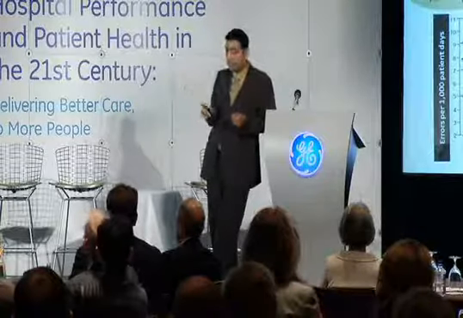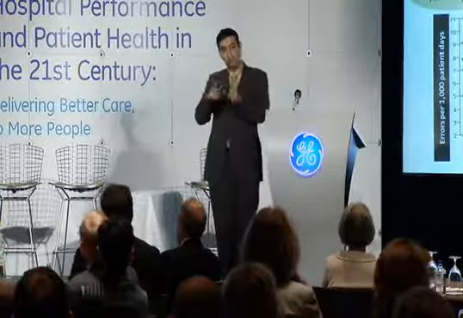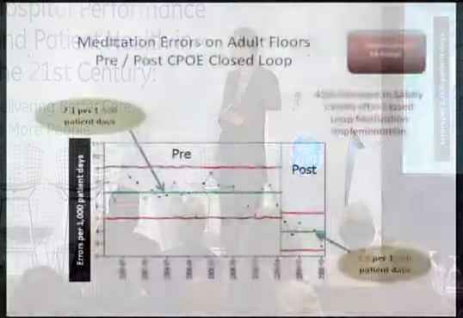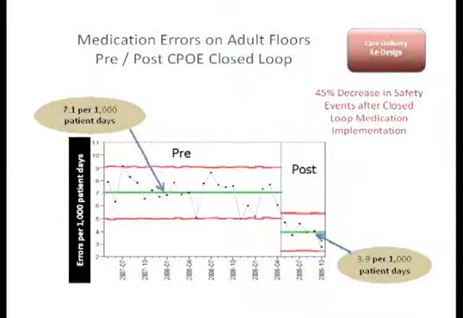And then tying that, not to barcoding, to take that intelligence from a CPOE into this relational data warehouse, we're able to measure pre and post closed loop. And for the non-physician in the room, closed loop is linking the physician order entry system to nurse administration to the pharmacy, all in one communication link.